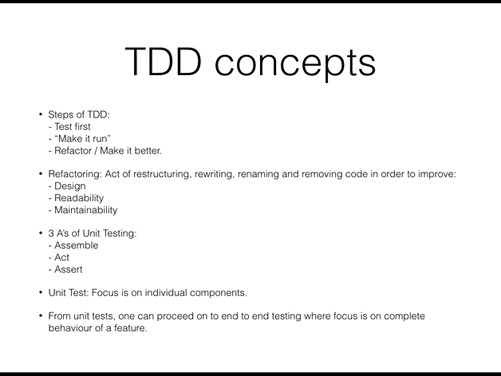Login is a feature, a combination of things: you log in, then the password is checked, the session is validated, all this. When all these unit tests are satisfied, it's called end-to-end testing. Basically, you do end-to-end testing for a feature.